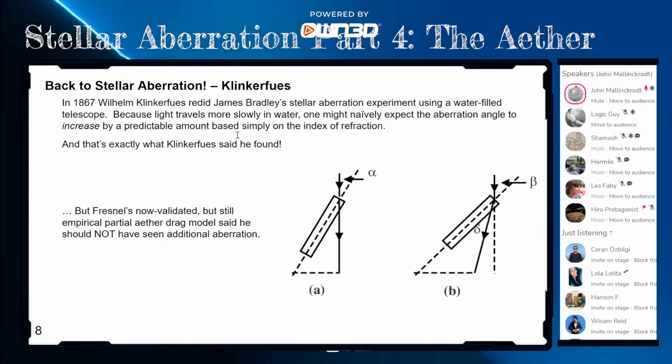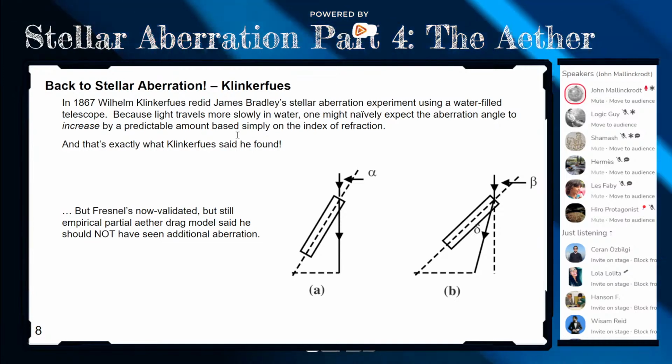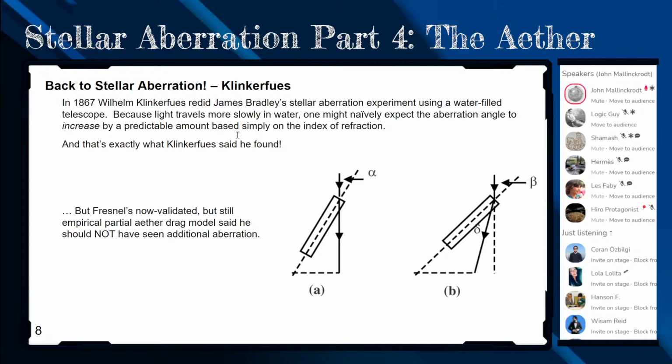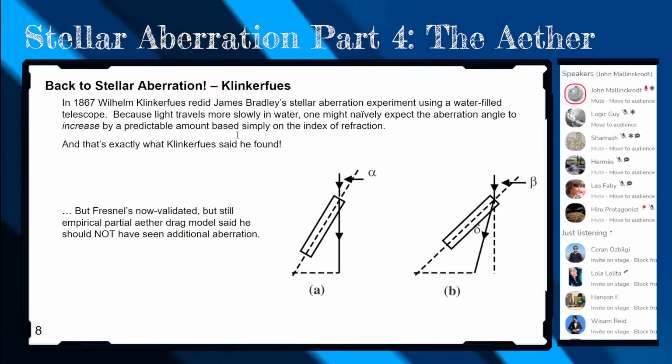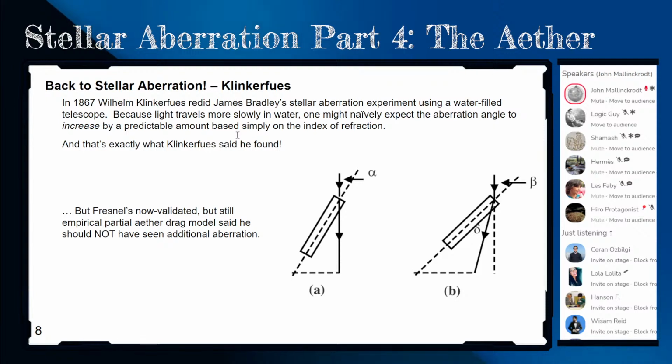And then you're going to think you're seeing it in the direction the telescope is pointing. So if you look at figure A there, it's showing light coming straight down, but as it comes down, the telescope is moving to the right so that the light particles stay in the center of the telescope as the telescope moves. This is due to the rotation of the Earth.